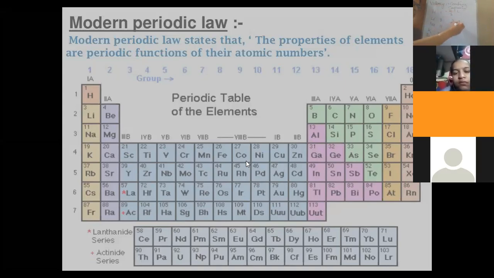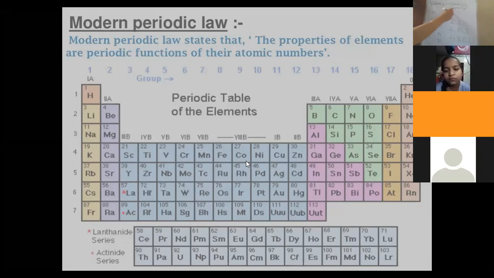In lithium, the electronic distribution will be 2 and 1, right? So the valency is 1. Valence electrons are the same, 1 and 1. Valence electrons are the same. Here 2, 8, 1. You can see the valence electron always remains the same, 2, 8, 8, 1.